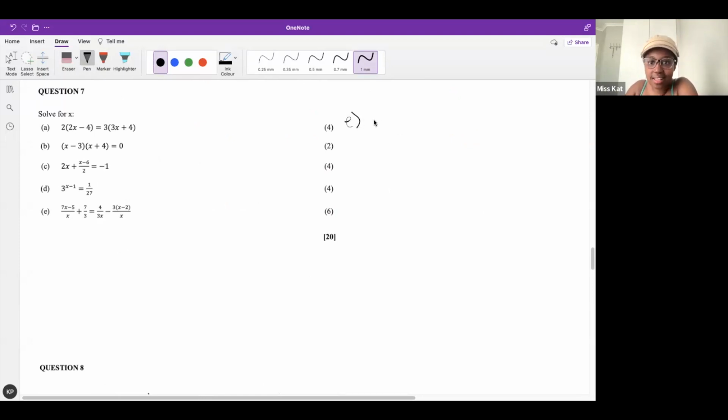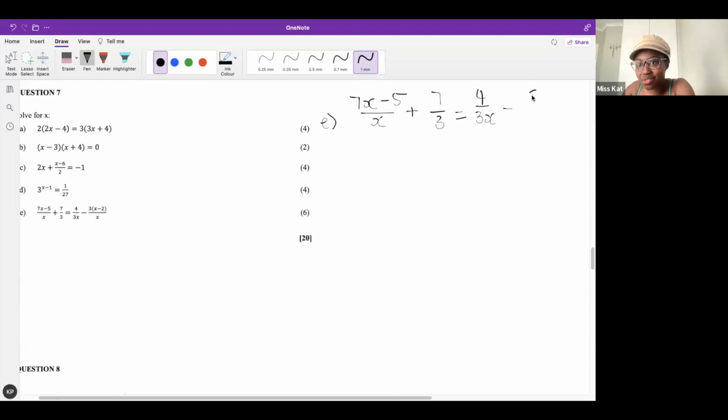And I understand that. So we have 7x minus 5 over x plus 7 over 3 equals 4 over 3x minus x minus 2 over x. It is simple. You need an LCD. See, you just figured it out. So what's our LCD, guys?